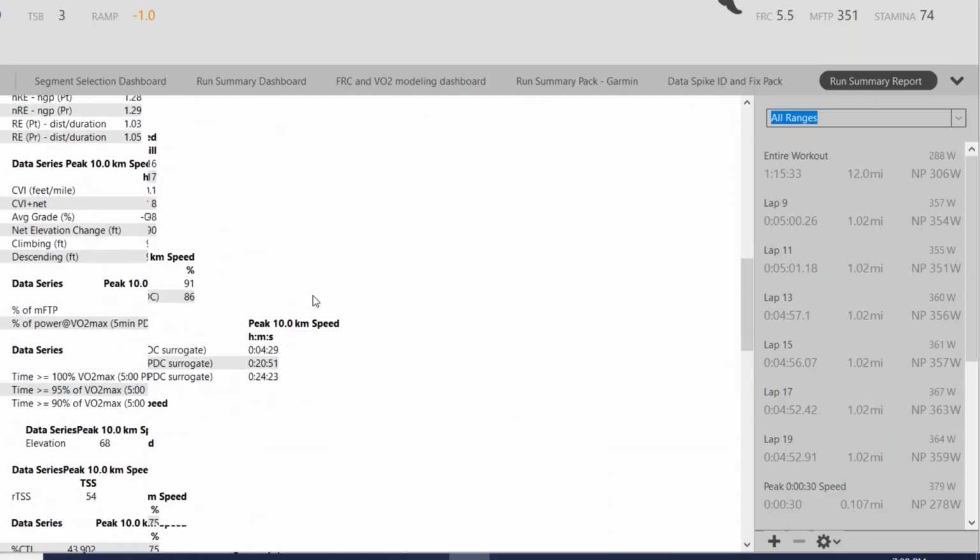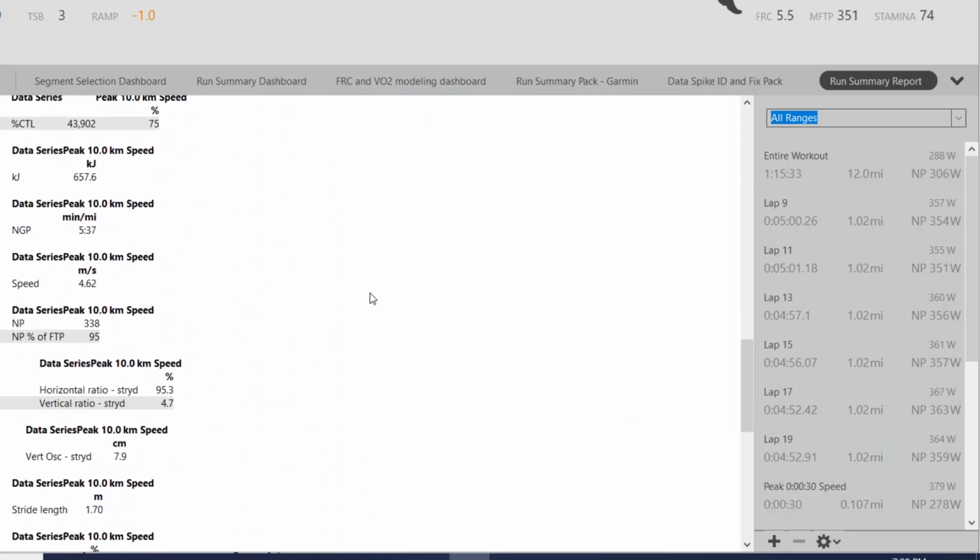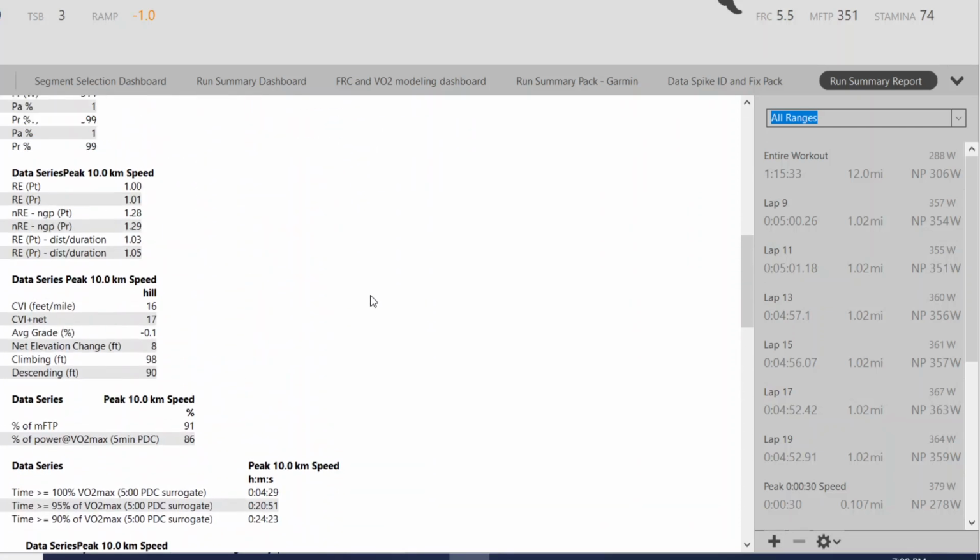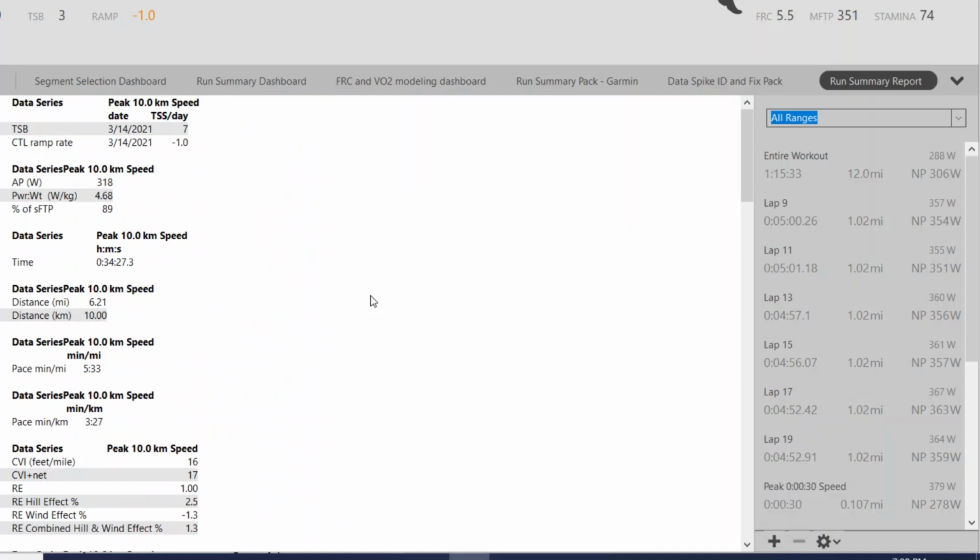As you scroll further down, there are metrics buried down there that I only use once in a while, sometimes to do a deeper dive on a particular segment or to look at certain other ways of looking at the workout.